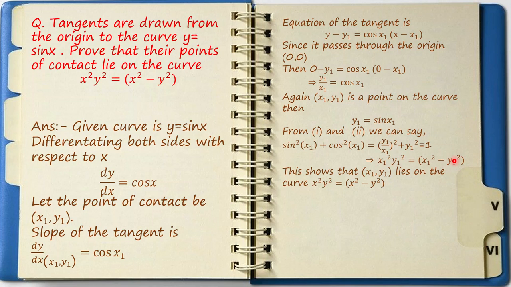Now from here, if we replace (x1, y1) by (x, y), we can say that this point lies on the curve x square y square is equal to x square minus y square. So I have proved that the points of contact, which I have taken in the form (x1, y1), will lie on this curve x square y square is equal to x square minus y square.